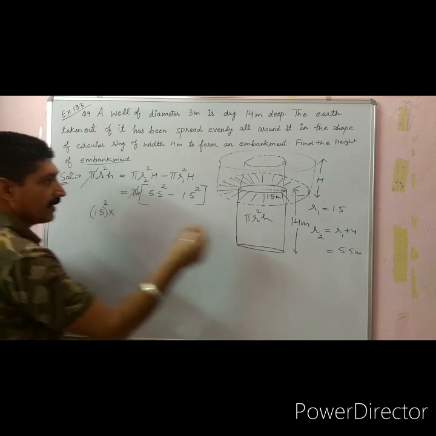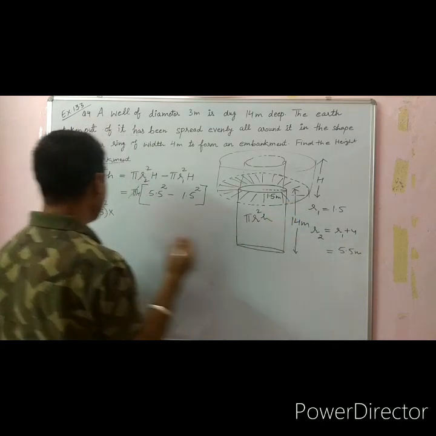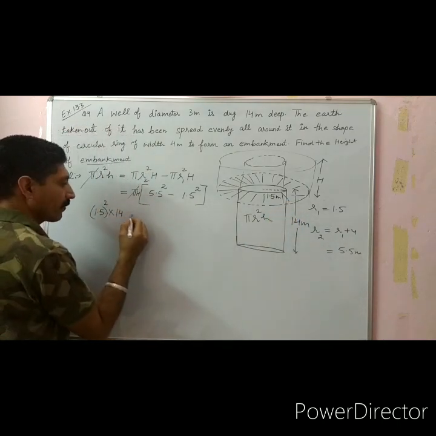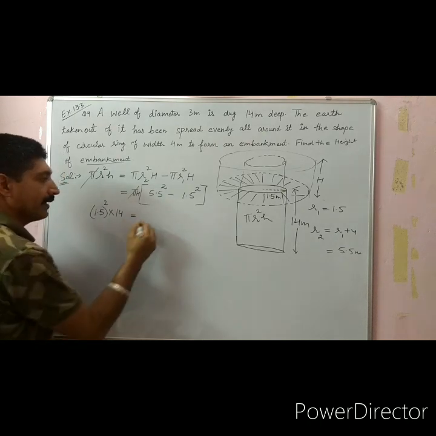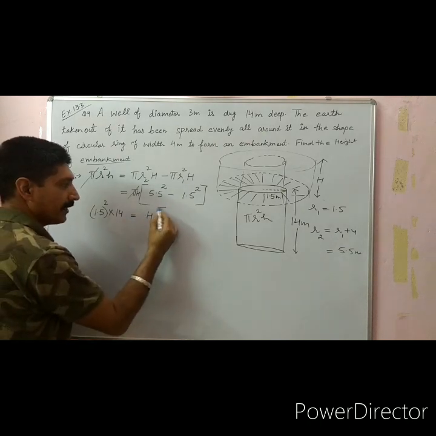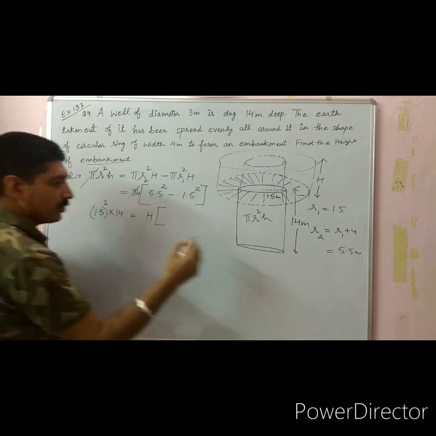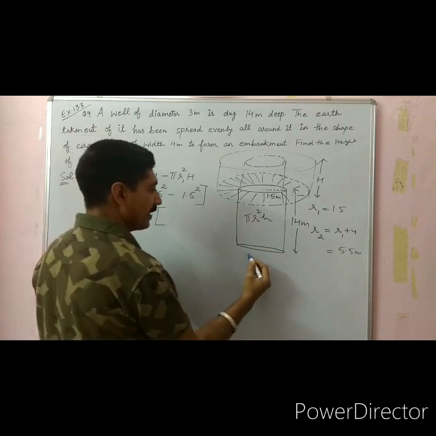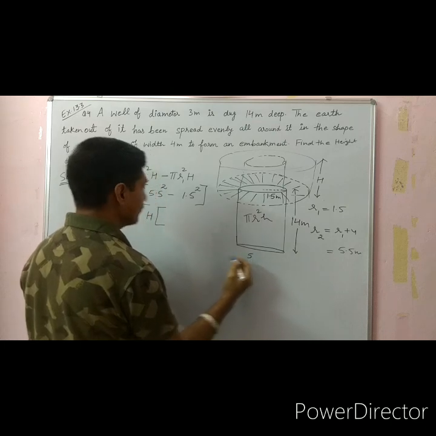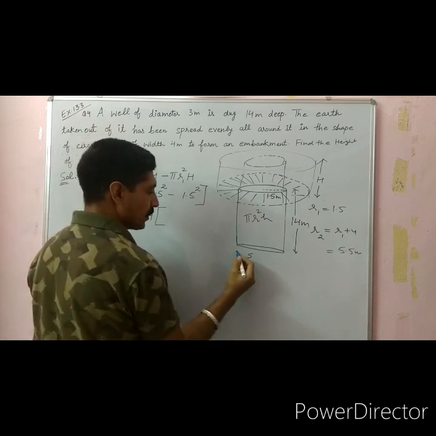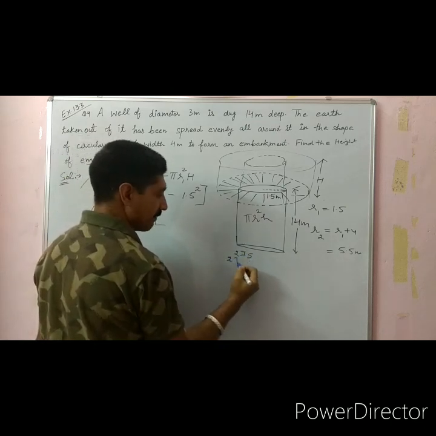H, in this case, we have 14 meter is equal to capital H into 5.5 into 5.5. So 5 5s are 25, 25 plus 2 is 27, so 30.25.